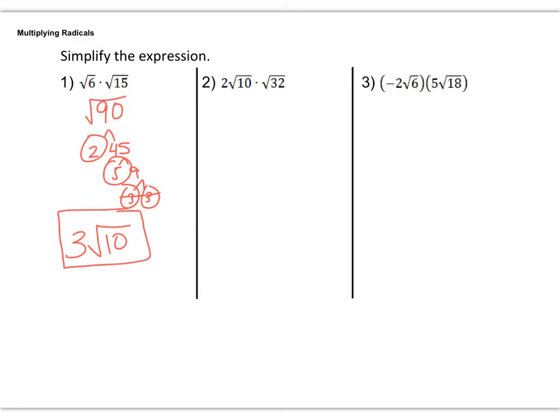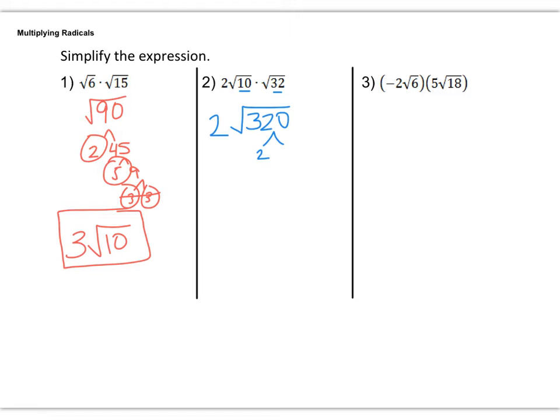Okay, so let's take a look at number 2. In number 2, you have an outside number of 2. He's going to stay outside. And then we are going to multiply 10 times 32 and get 320. Okay, so from here, we will try to do a factor tree on our 320.